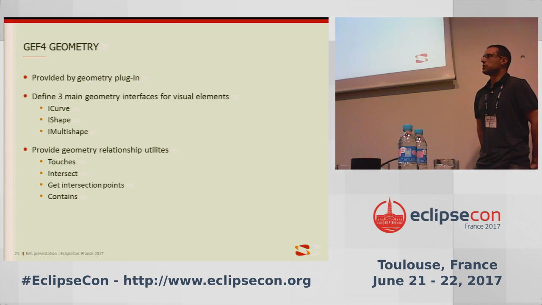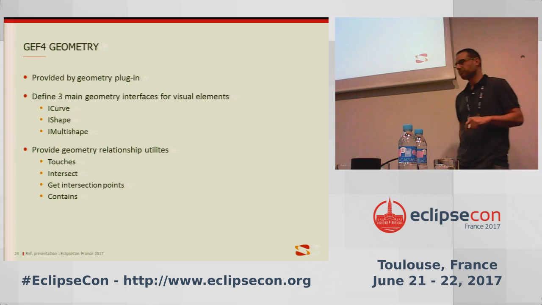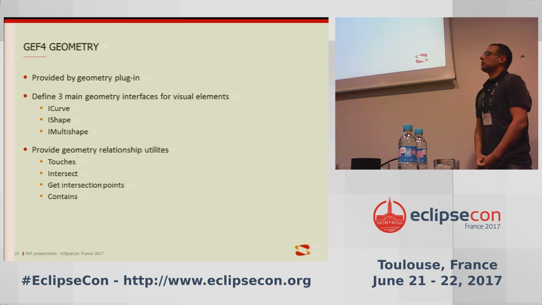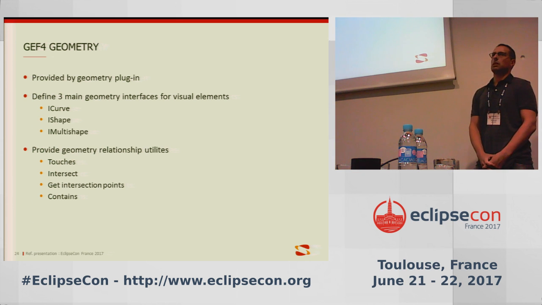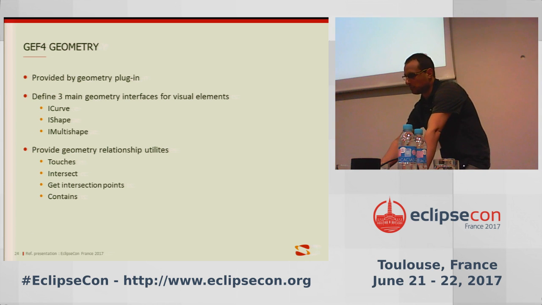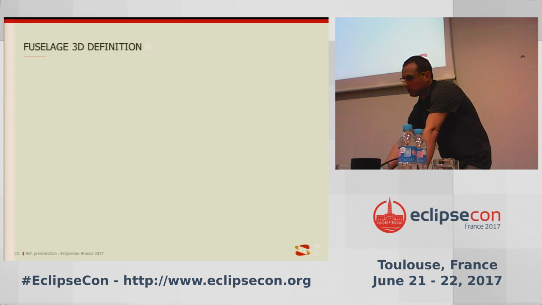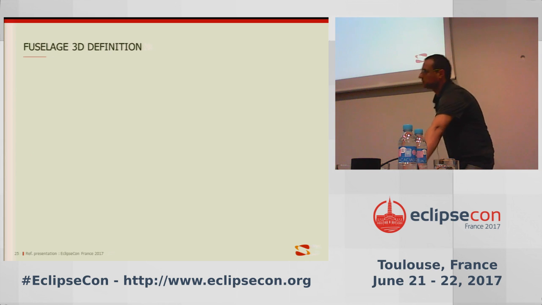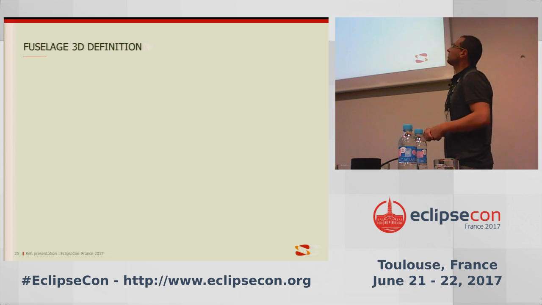And eMultiShape is when you have multiple shapes in a single element. And it provides a lot of utilities, like to know when a geometry touches another one or intersects it, and to know the point of intersection. And we have used these methods to make our 3D definition of the fuselage.